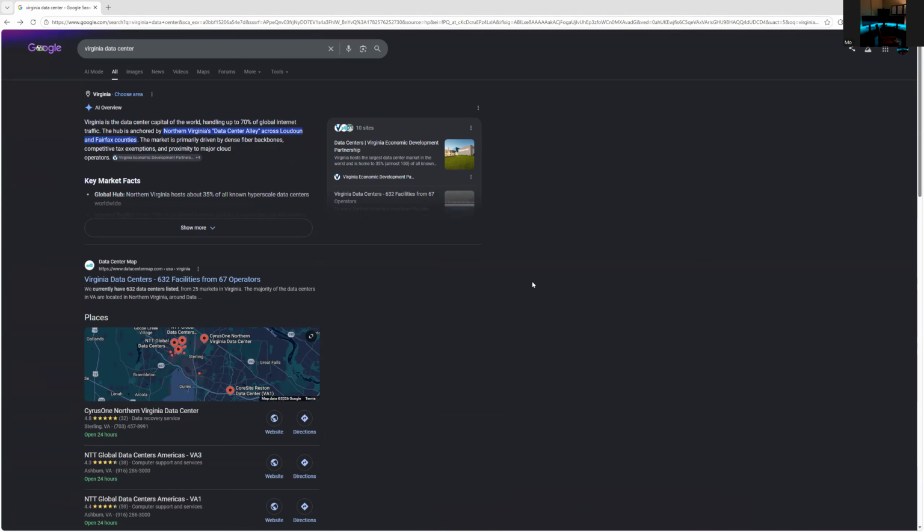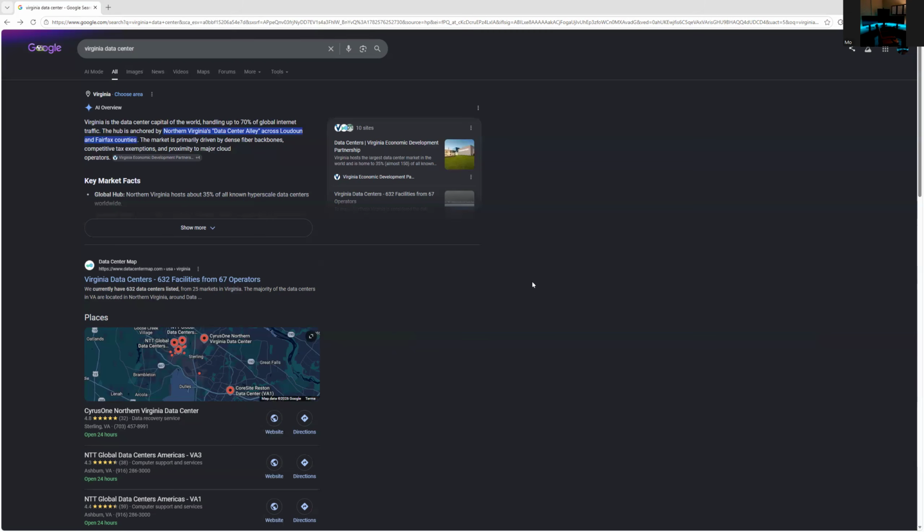Imagine for one second if anything could go wrong with this data center. What do you think will happen to the world? It controls 70%. What we're doing right now is all going through there.